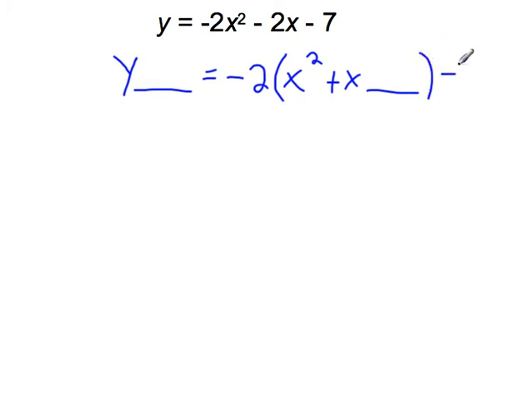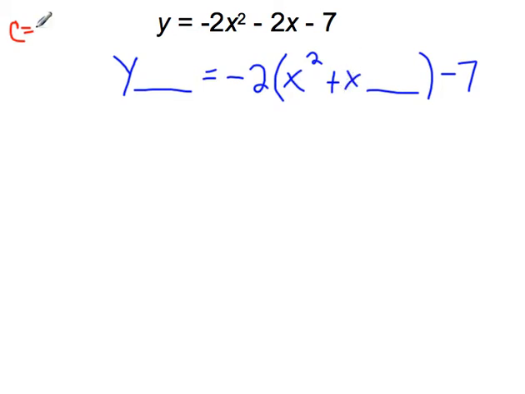Minus 7 is going to stay the way it is because notice the negative 2 is in front of the parentheses. Okay, so it's not taking anything out of this negative 7. So the negative 7 just pops out here. Now we need to complete the square by finding c. Okay, c equals, and again, think about what's in the parentheses for c. b right now is 1.